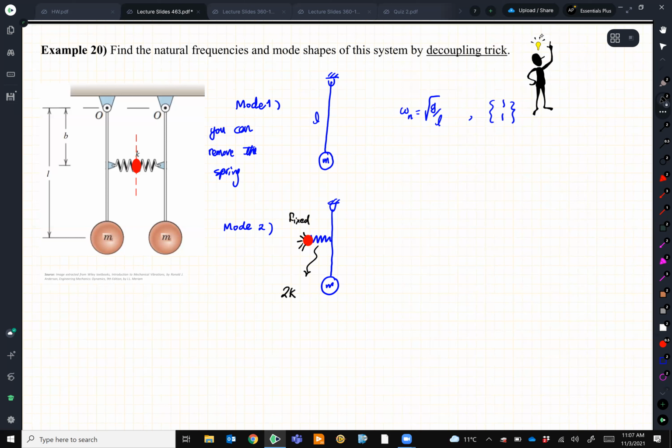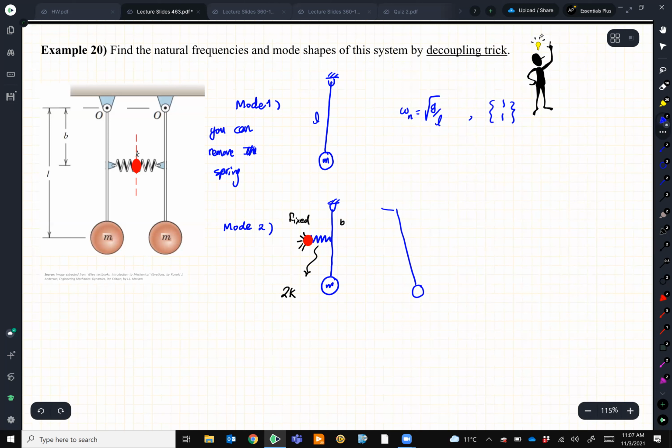Let's quickly solve it. So this is b, and the whole length is L. Let's use Newton. I'm going to have 2K b theta, and here I'm going to have mg.